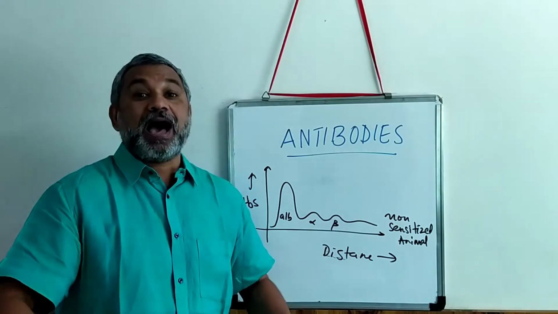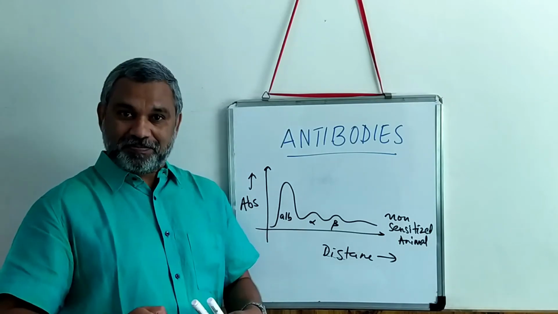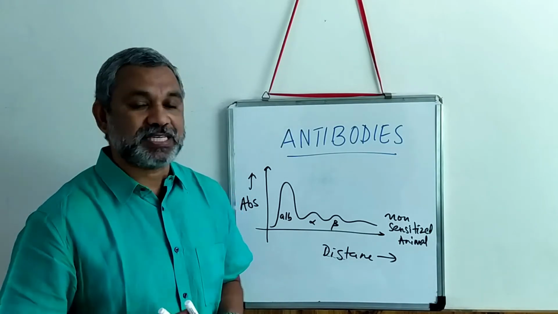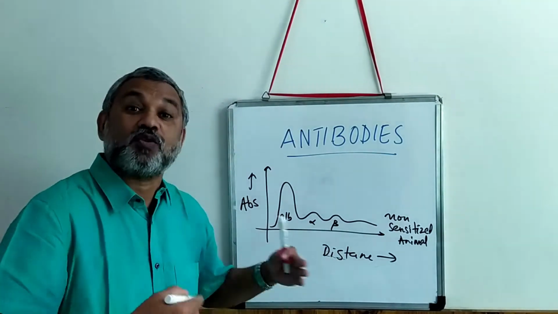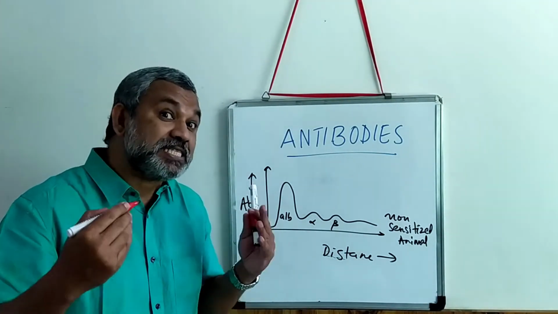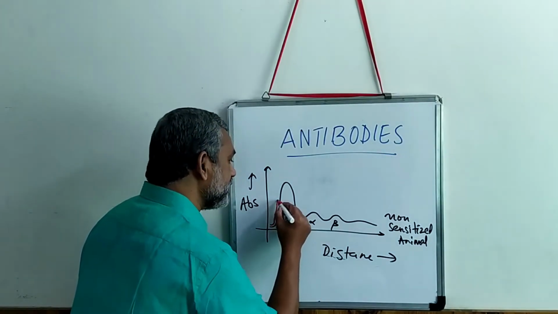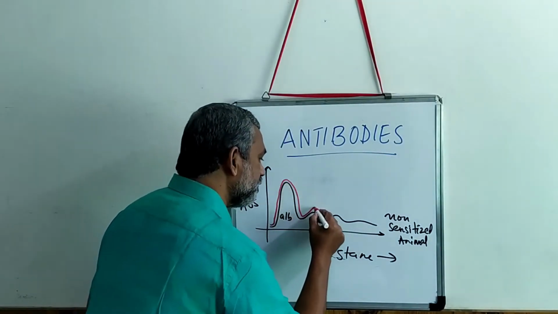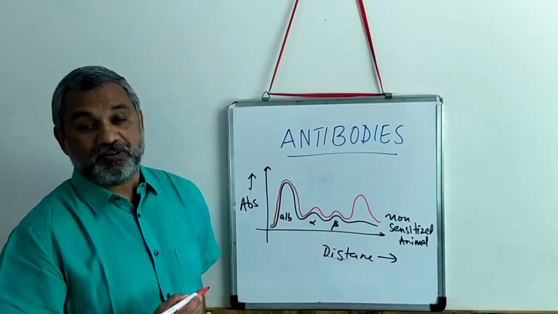Suppose we inject antigen into an animal and take the serum, which is known as the anti-serum. We carry out an electrophoresis of the anti-serum of the sensitized animal, and we will get an electrophorogram that is slightly different.